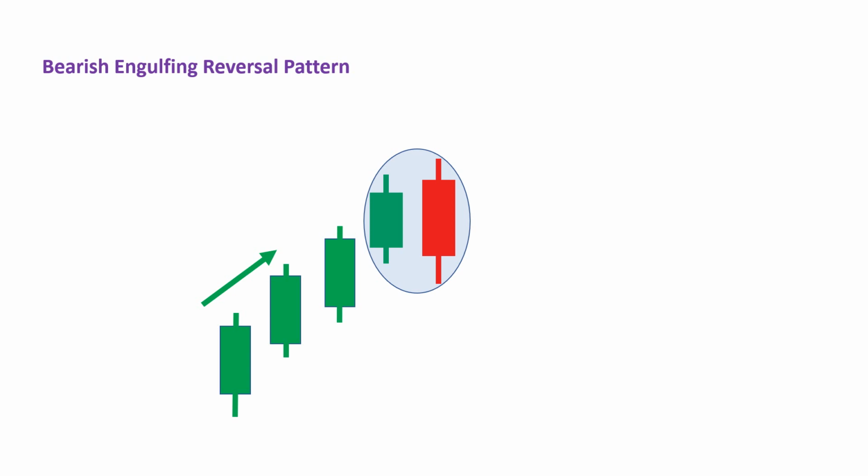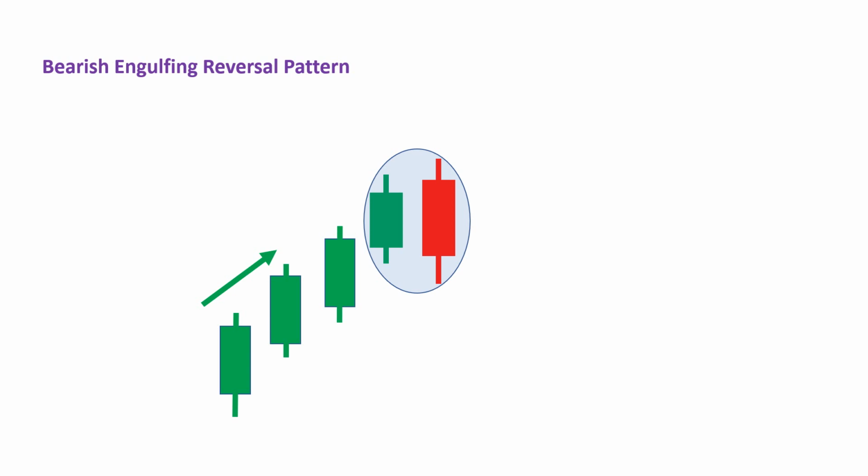The second candlestick is a large-body bearish candle that opens higher than the previous candle's close, but then closes lower than the previous candle's open. This causes the second candlestick to engulf the first candlestick, hence the name bearish engulfing.